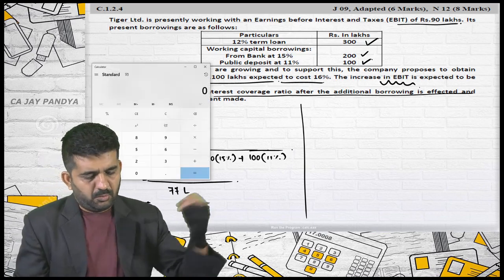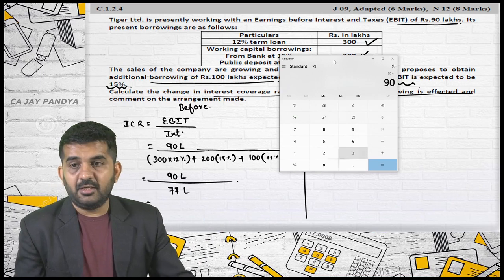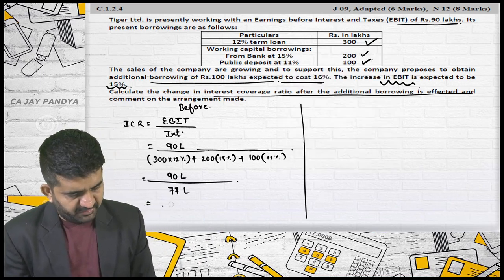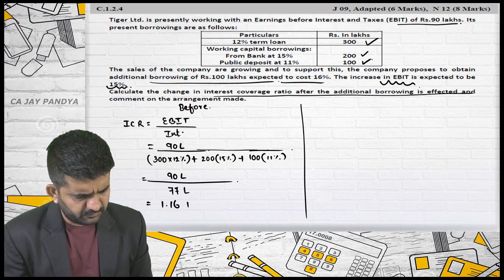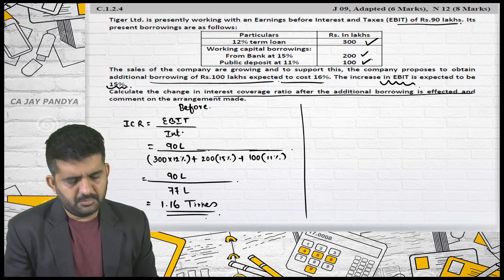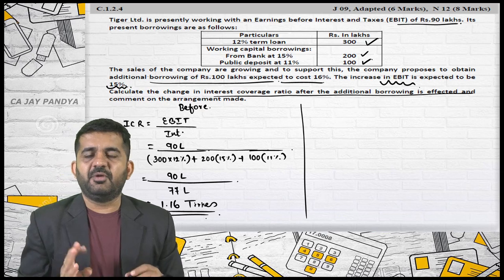What will be the interest coverage ratio? 90 divided by 77 is 1.16. Interest coverage ratio is in times. So the original interest coverage ratio will be 1.16.